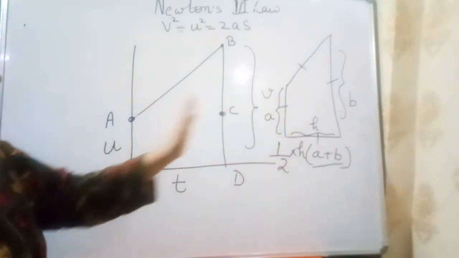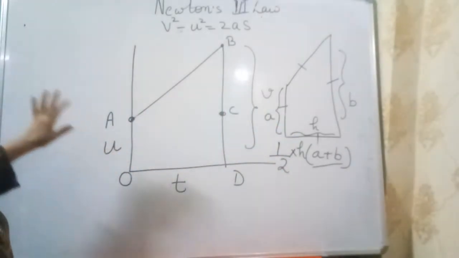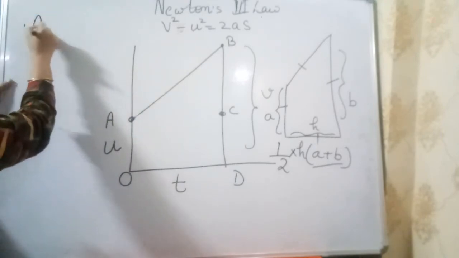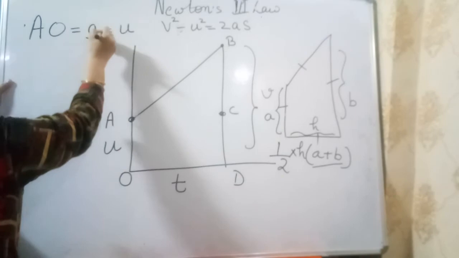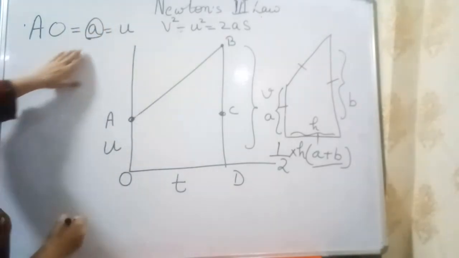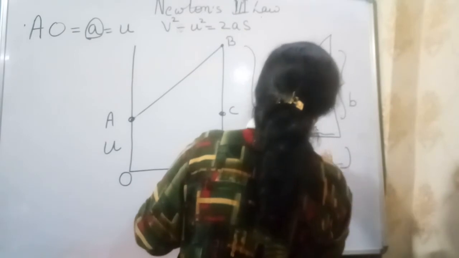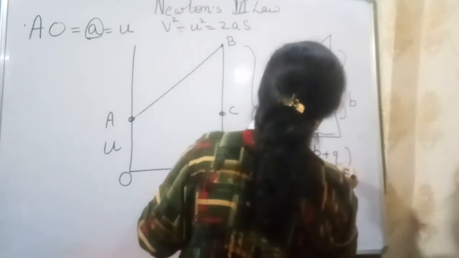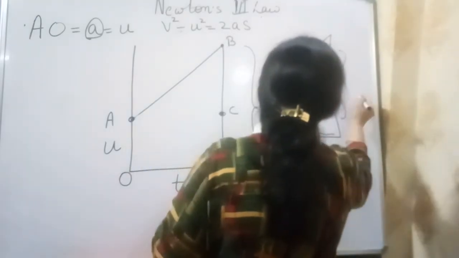Clear? Now compare this one. In A we have AO, which is equal to U. This A is not acceleration, this is the side. For example, don't be confused, I put here P plus Q. Then P is this and Q is this.